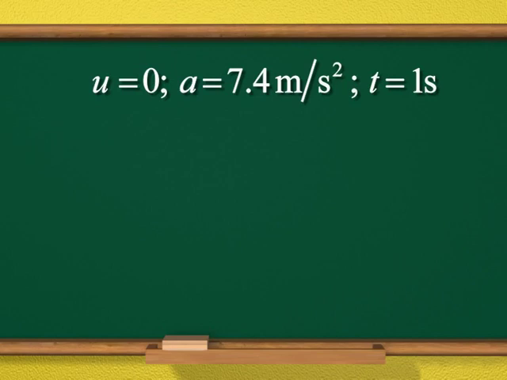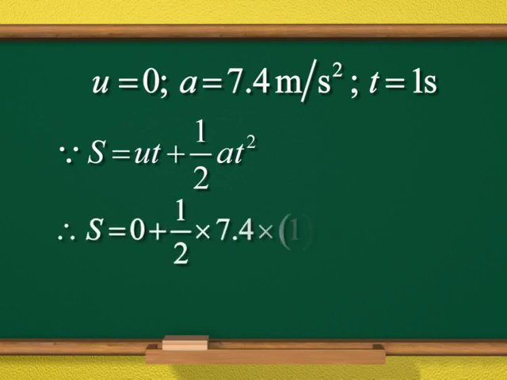For t equal to 1 second, we substitute the given values in the position-time relation, that is s equal to ut plus half at square, which gives distance s equal to 0 plus half of 7.4 into 1 square, which is equal to 3.7 meter.